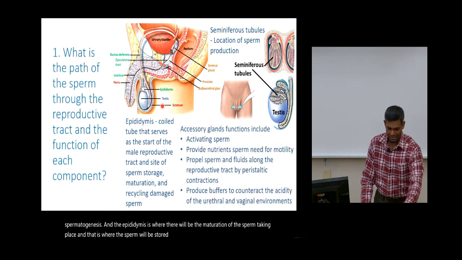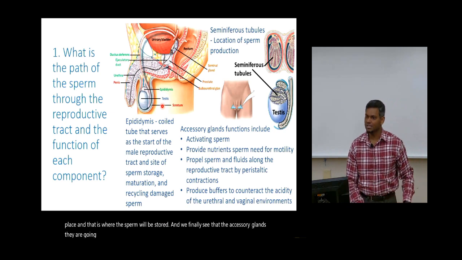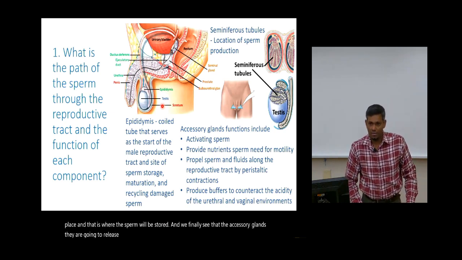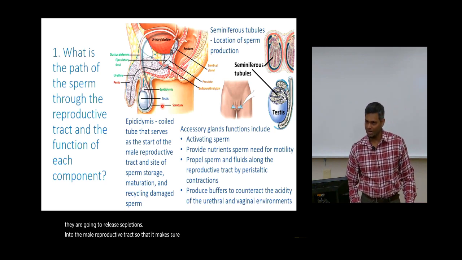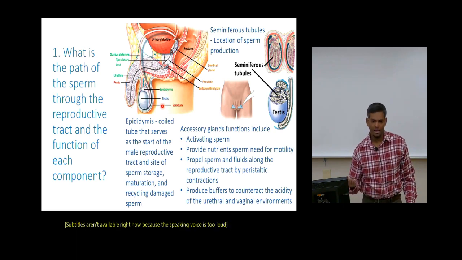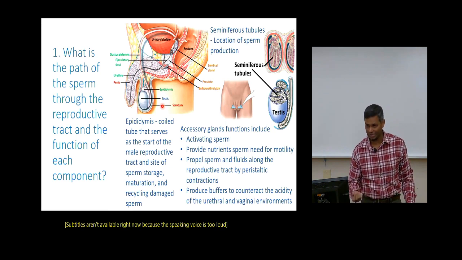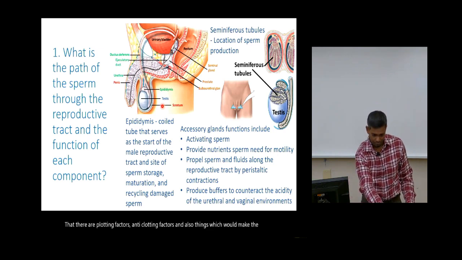And we finally see that the accessory glands are going to release secretions into the male reproductive tract so that it makes sure that the sperm is ready for fertilizing the egg. This includes having nutrients available for the sperm, ensuring that there are clotting factors, anti-clotting factors, and also things which will make the sperm motile as well.